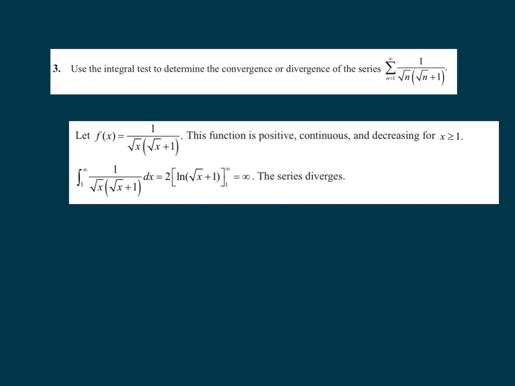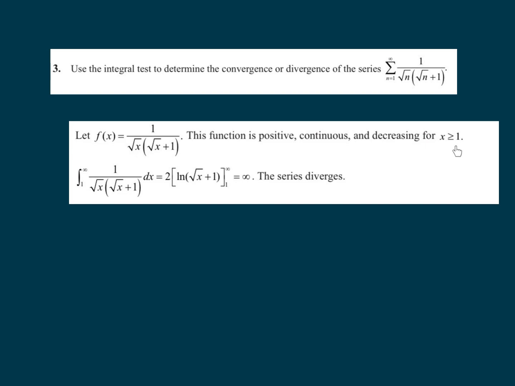The next problem says, use the integral test to determine if the series summation of n equals 1 divided by square root of n multiplied by square root of n plus 1 converges or diverges. First of all, we need to be sure that this function, 1 divided by square root of x plus 1, is a positive function for sure, positive for x bigger than 0.